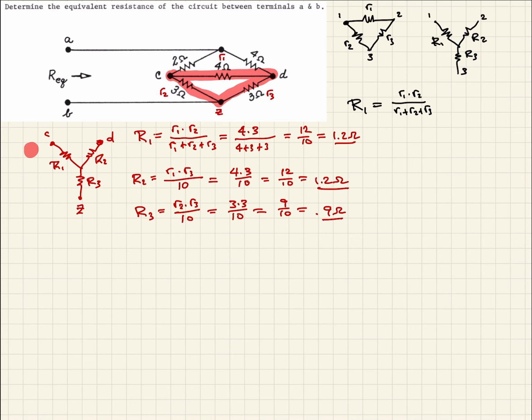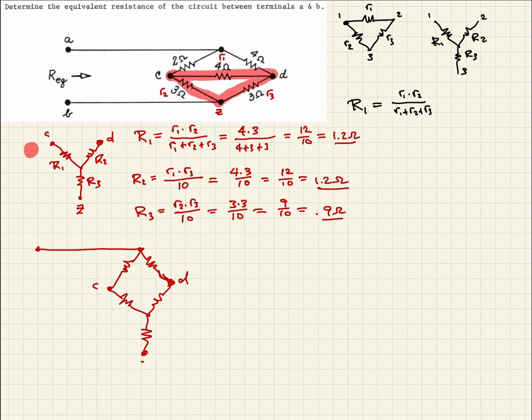So now with this, we can redraw our circuit. So again, we have terminal A coming across. These resistors stay the same. All right, so this is C, and this is D. So now instead of that delta configuration, we put this Y configuration, like this.